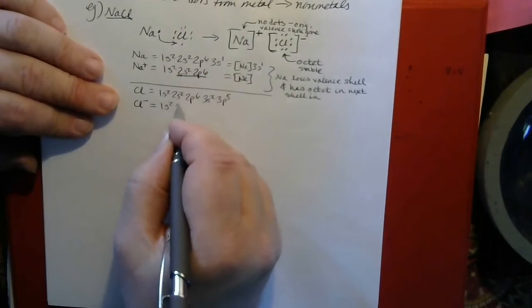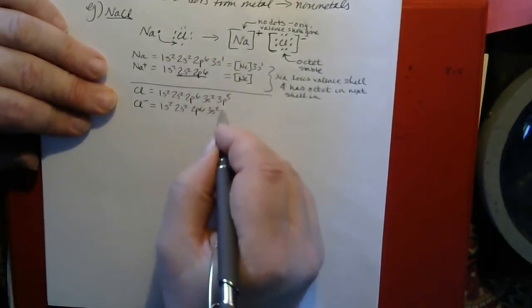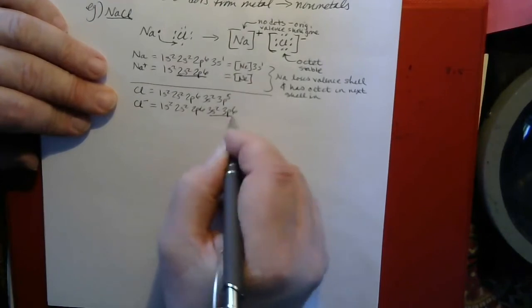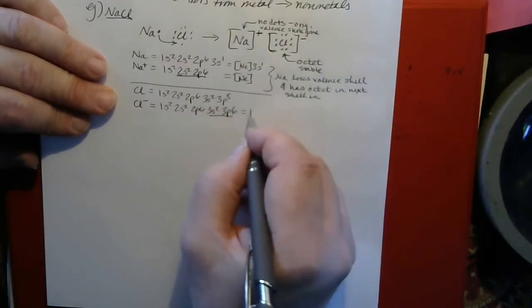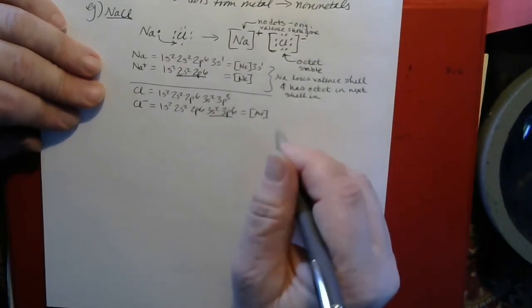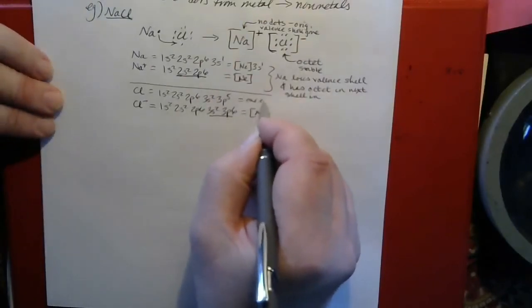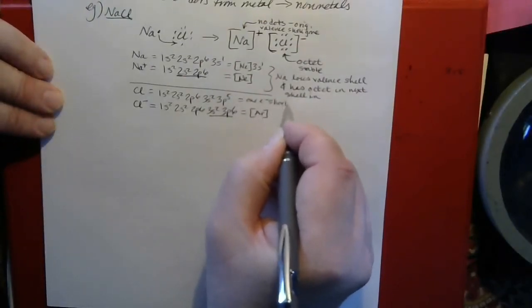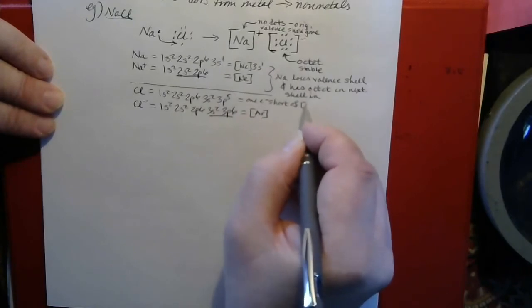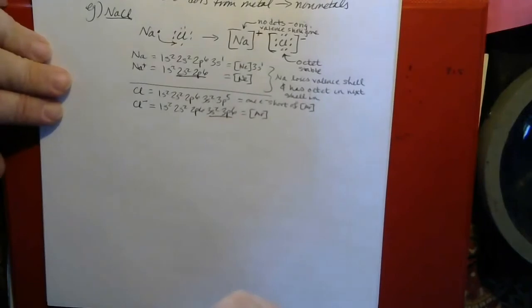It's now 1s2, 2s2, 2p6, 3s2, 3p6, has an octet in its outer shell, and this is the same electron configuration as argon. Okay, and so it's stable.